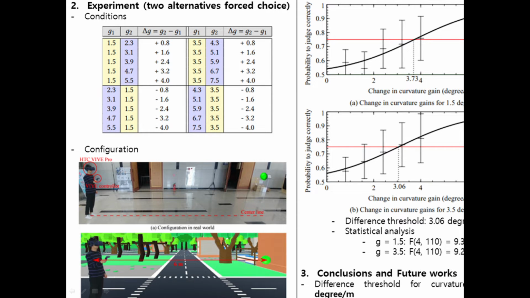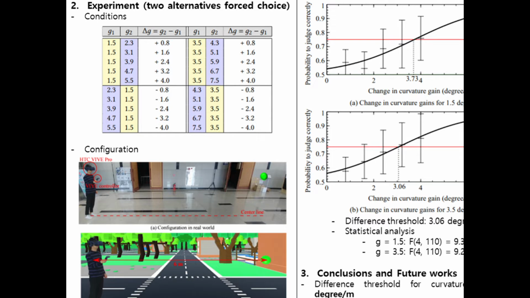In this paper, an experiment based on two-alternative forced-choice tasks was conducted to find the difference threshold of curvature gain. Experiments were conducted using the first and second curvature gains, shown in this table. Here, first and second gains mean the curvature gains presented first and second in one trial, respectively.